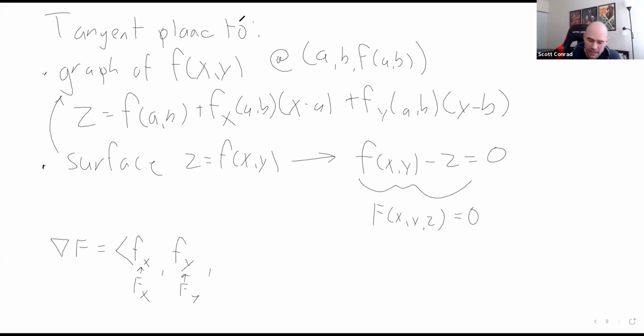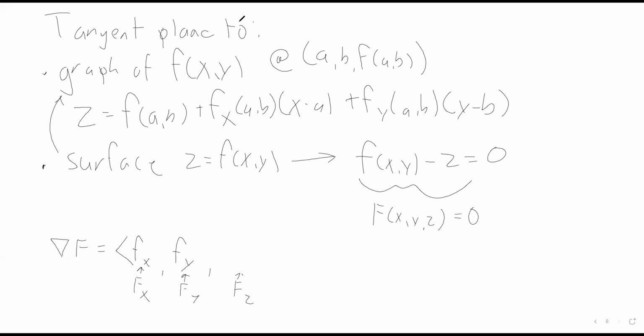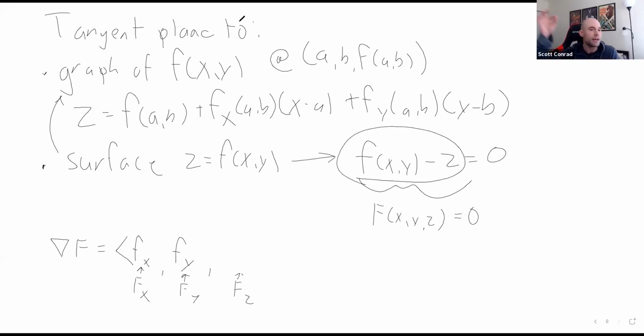And what's the partial of big F with respect to z going to be? Big F is our function of x and y minus z.